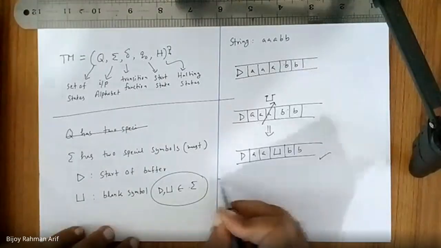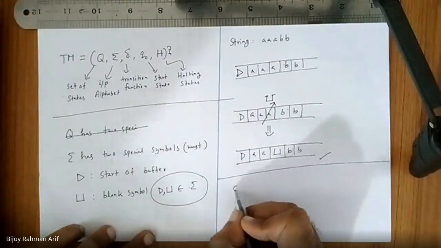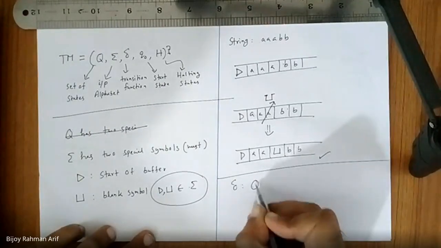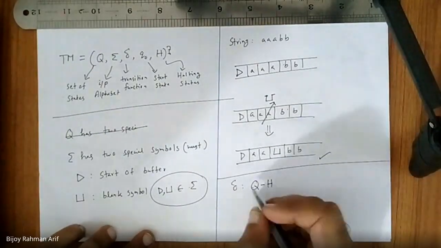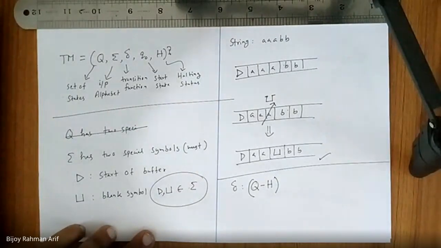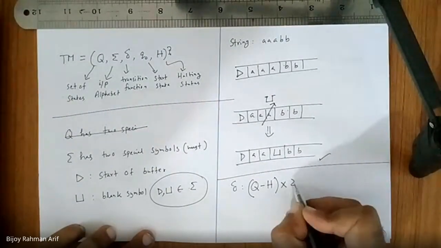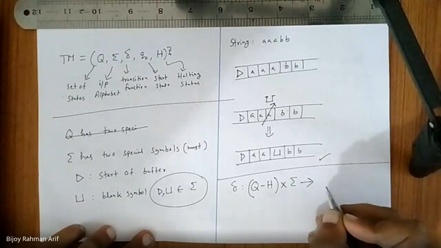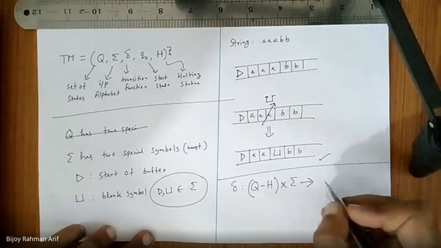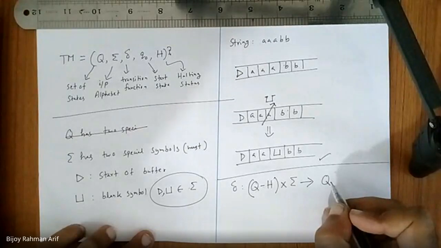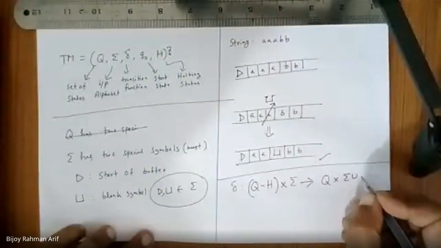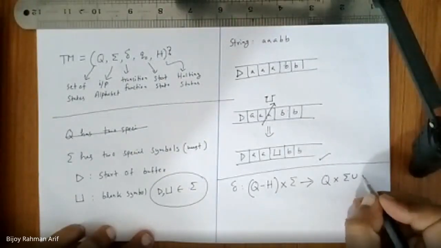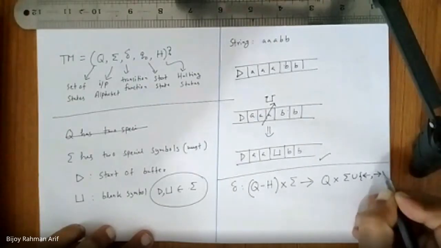Okay, now let's go to transition. How can I define the transition? Delta is something like this: Q minus H, because in the halting state there is no transition, cross sigma maps to Q cross sigma union two arrows.